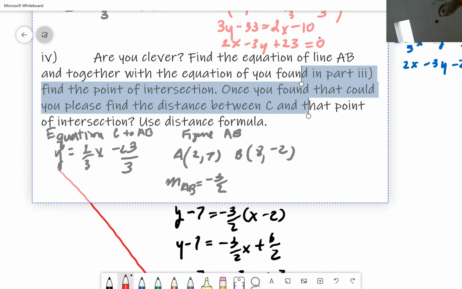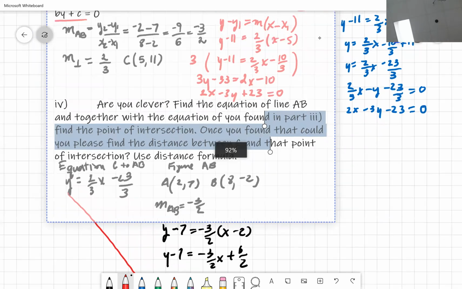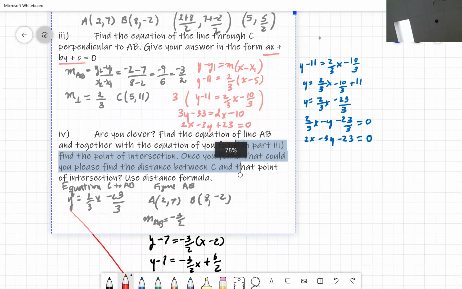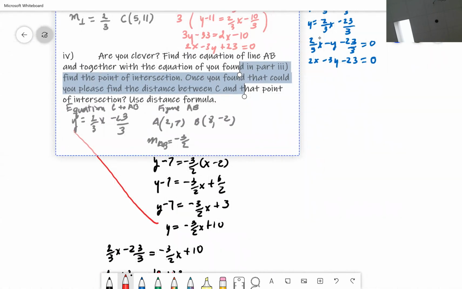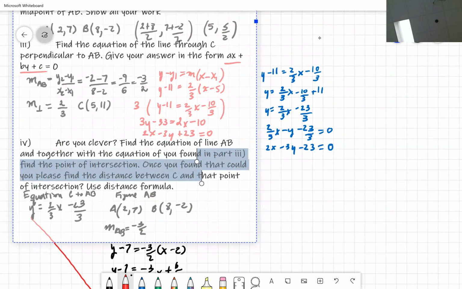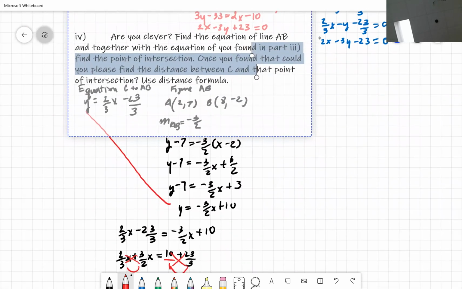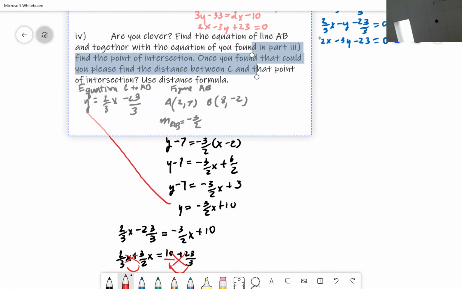So, where are things not being kosher right now? So 2/3 x minus 23 over 3, yes, equals -3/2 x plus 10.